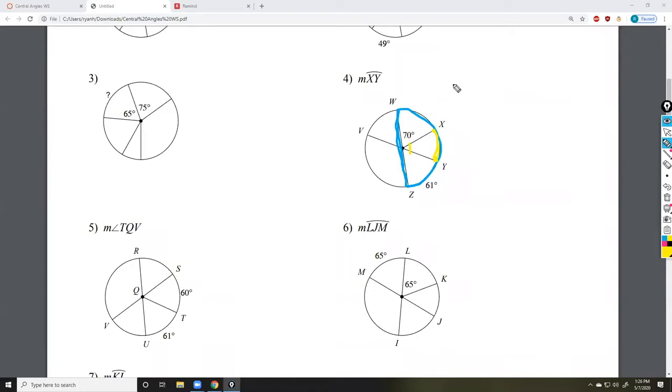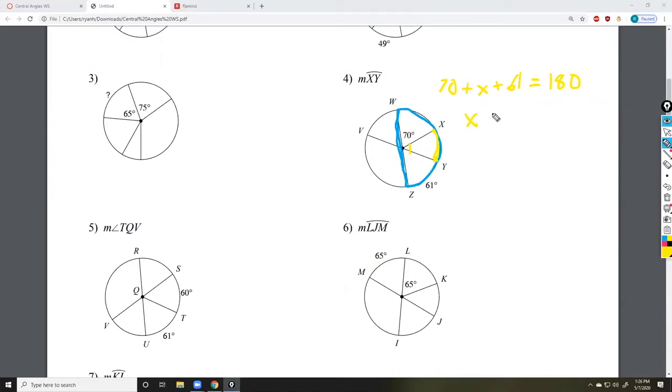So if I take the 70 degrees, plus the X to Y that we're looking for, that we don't know, plus the 61, then we have to get 180. We have to get 180 because that'll get us halfway around the circle. So then we solve that.